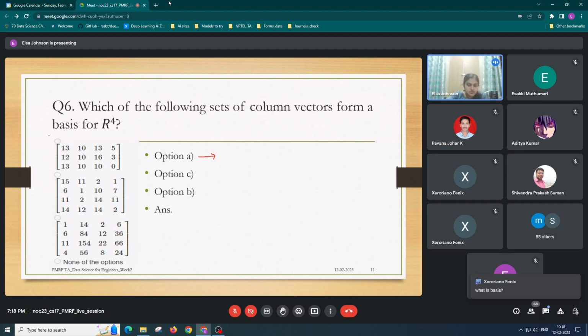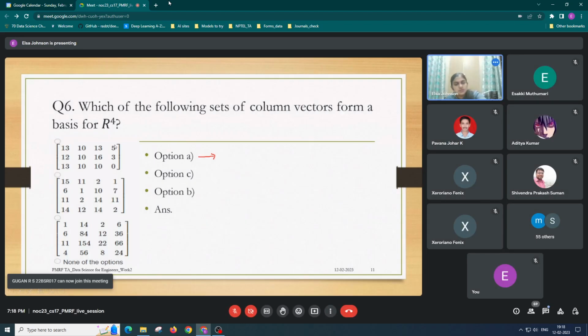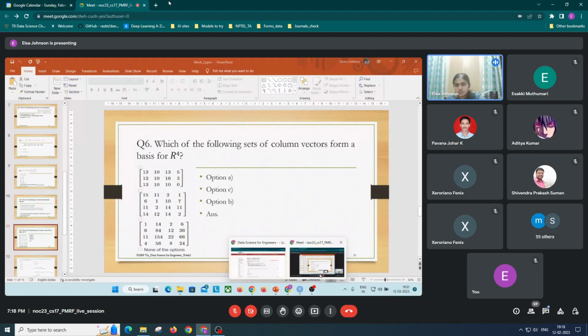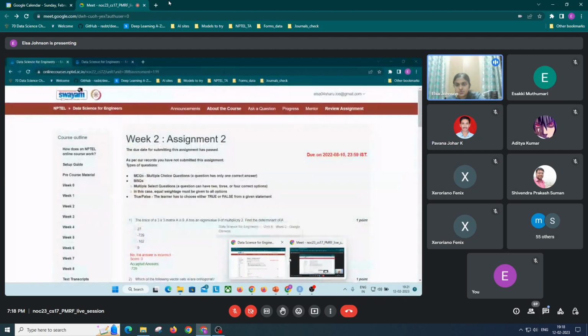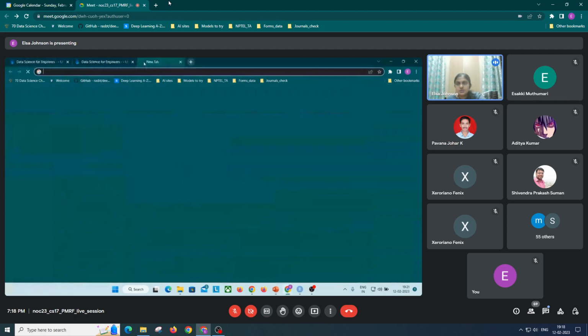Okay, basis is like basis vector actually. I think I'll show you a resource for that. Okay, wait, let me just see.